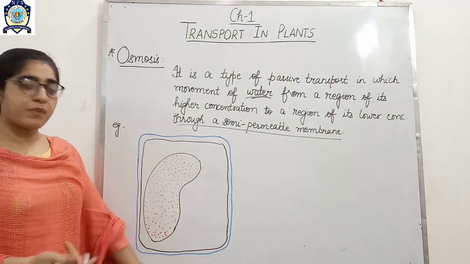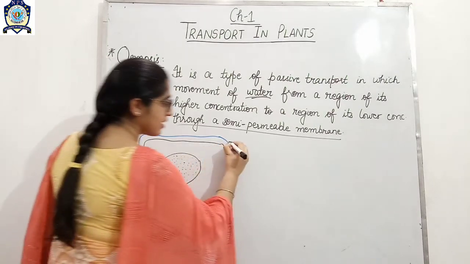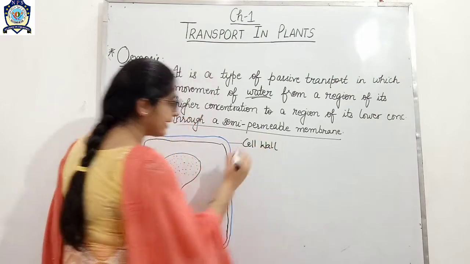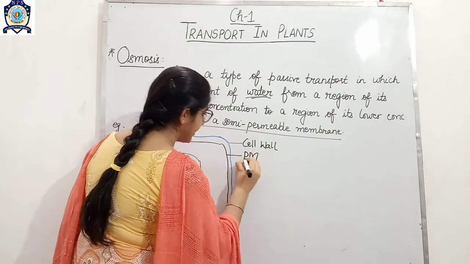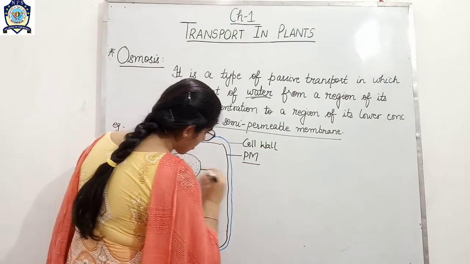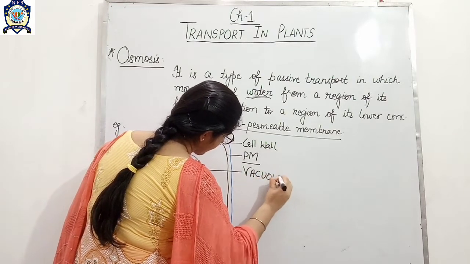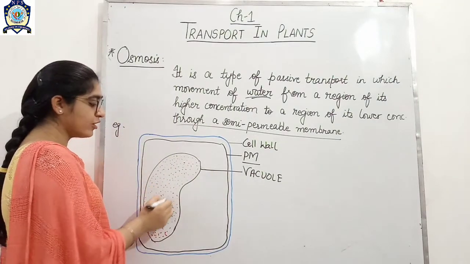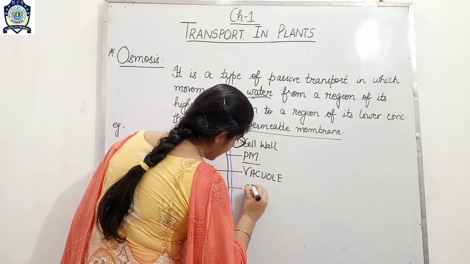Okay, let's take a simple example. This is a plant cell. So what happens in the plant cell? This one is the cell wall, and inner to the cell wall there is the PM. PM stands for plasma membrane, and this one is called the vacuole. The vacuole is filled with fluid, and this fluid is called the cell sap.